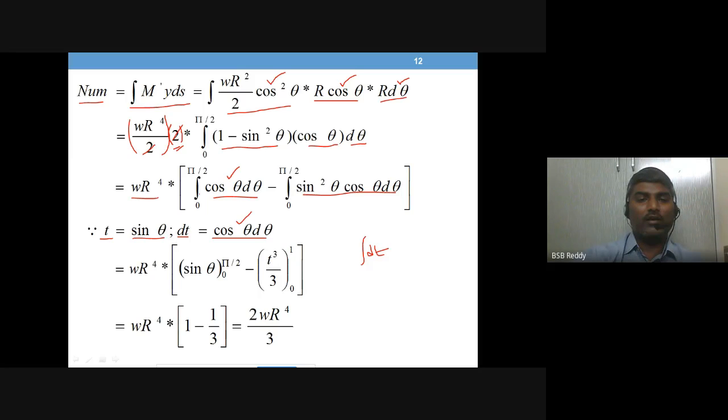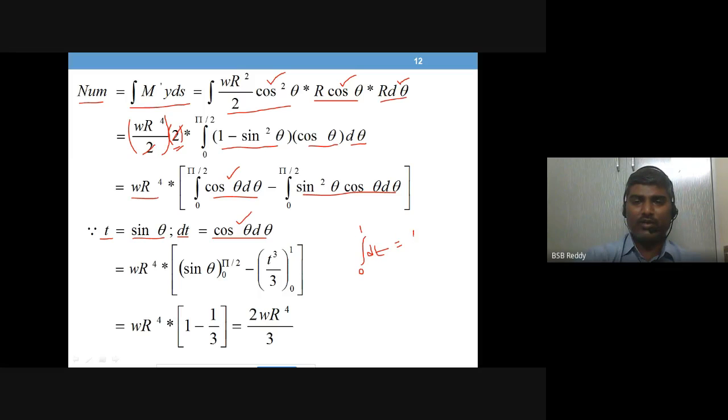How will the limits change? So theta 0, sine 0 is 0. Theta 90, sine 90 is 1, so 0 to 1. So what will this become?